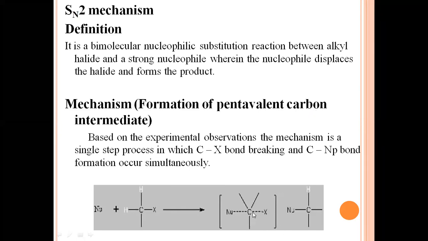The dotted line between the C and X shows that the bond between C and X is breaking, and the dotted line between the nucleophile and the carbon shows that the new bond between the C and nucleophile is formed.